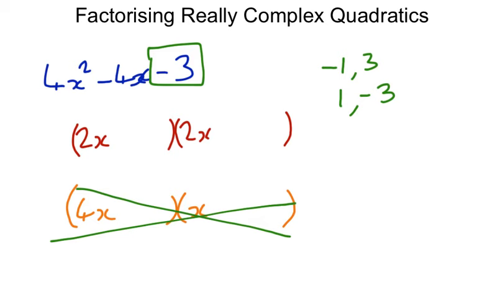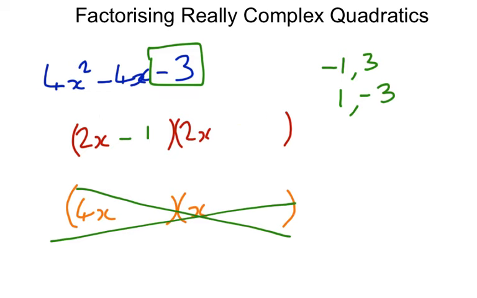So now let's try in the 2x one. Now as these both have 2x in them, we only need to try the difference between the minus 1 and 3 and the 1 and minus 3. We don't need to worry about which bracket it goes with. So if we try minus 1 and plus 3, we get 6x minus 2x, well, that gives us 4x, but we want minus 4x.